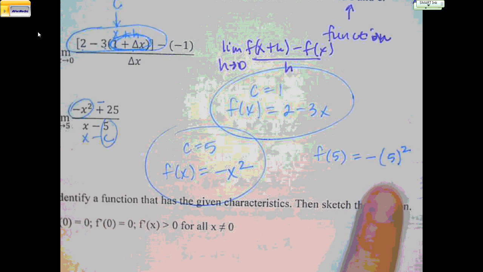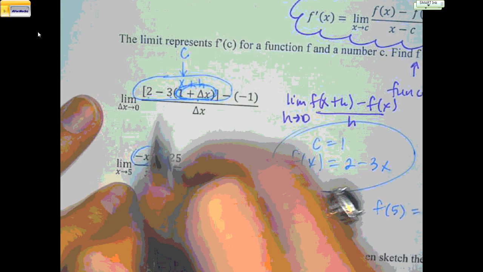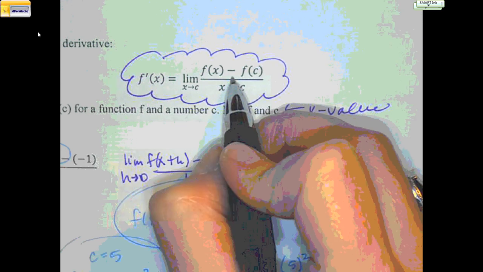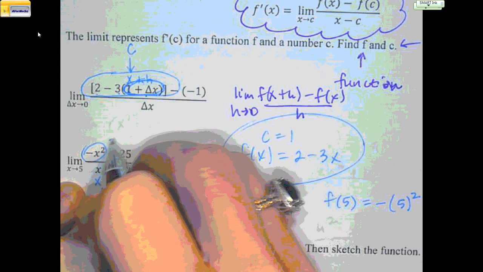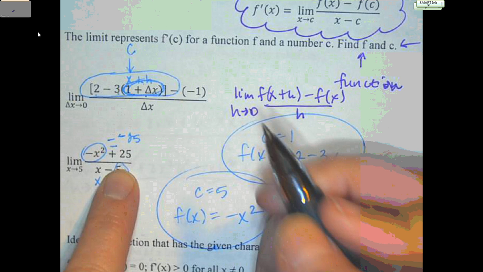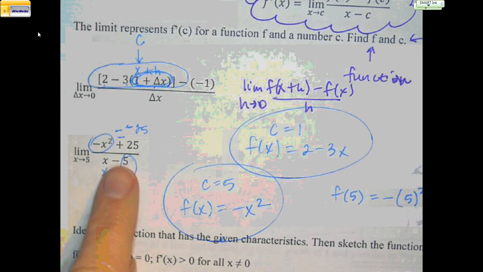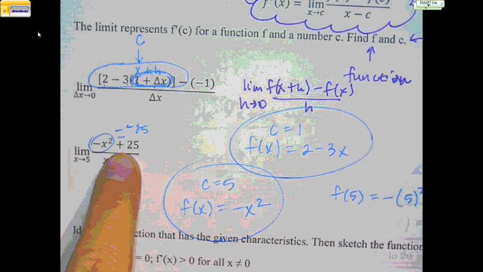That's what happened when you plug in a 5 into this. So you have the original function. According to the formula, it's minus. So minus negative 25. That makes it a plus 25. This plus is a minus a negative. So you know that that function works.